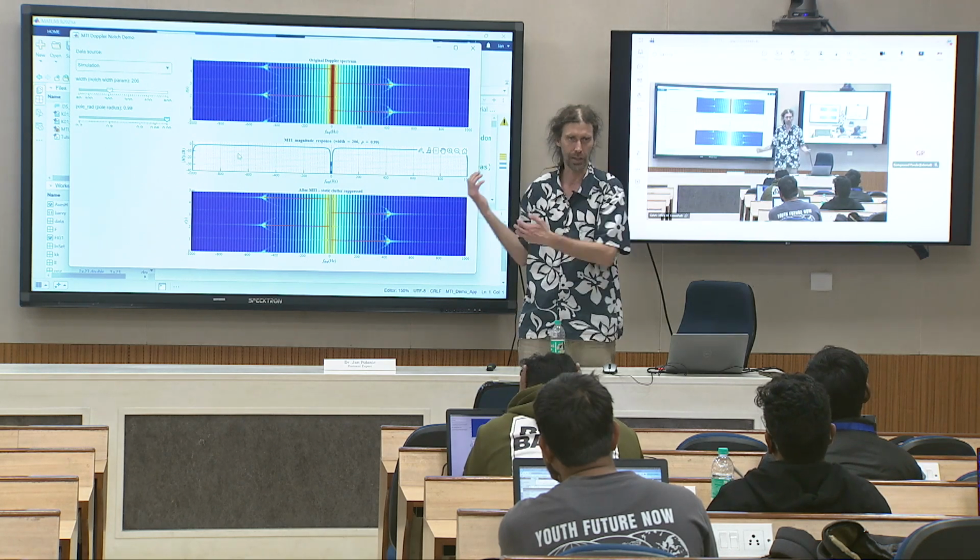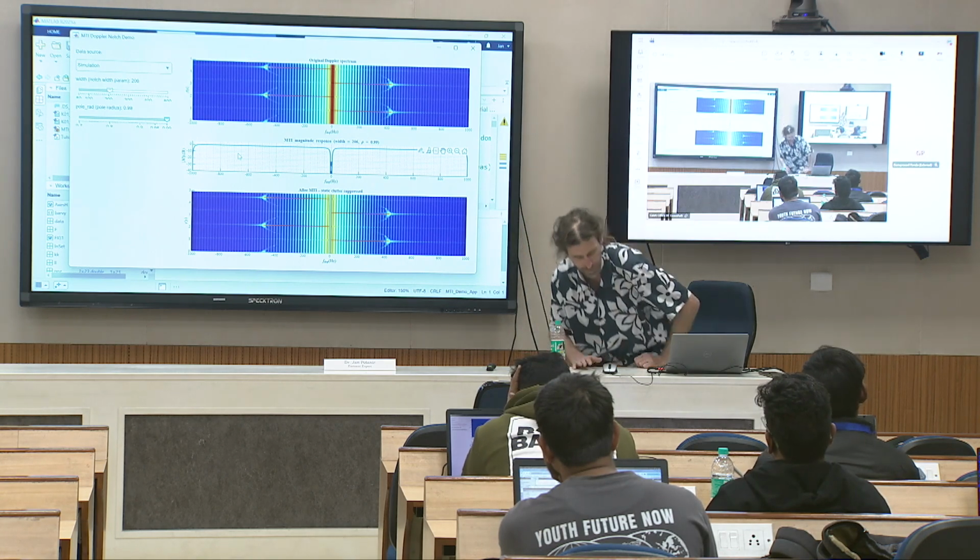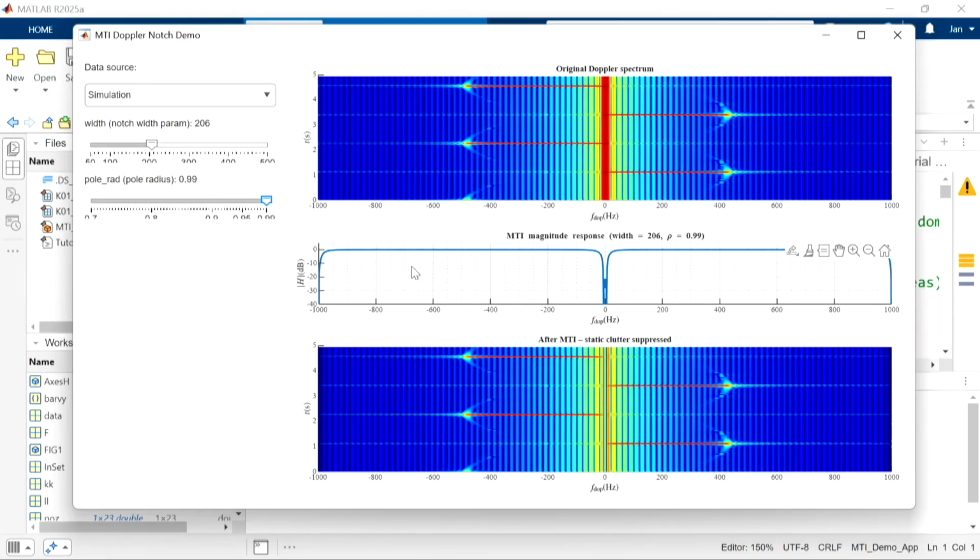I show you just the principle. So slowly go with this parameter down and always watch the magnitude response, and watch please the final static clutter suppression.